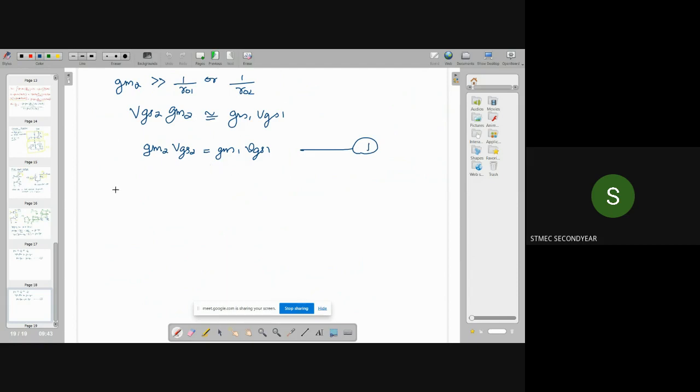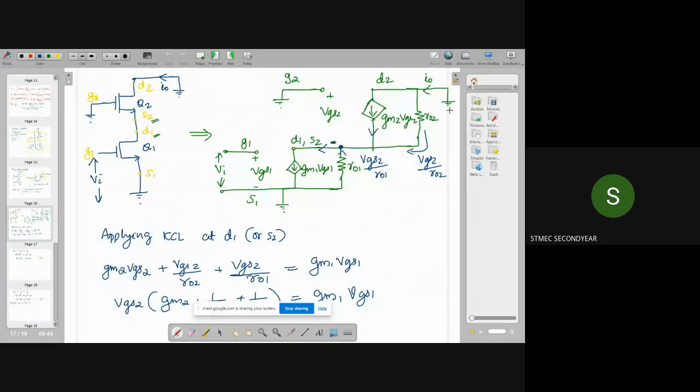Next, we have to apply KCL at node D2, that is our drain 2. Here you can see in the circuit diagram, this is the D2 terminal. So now we are applying KCL to this node.